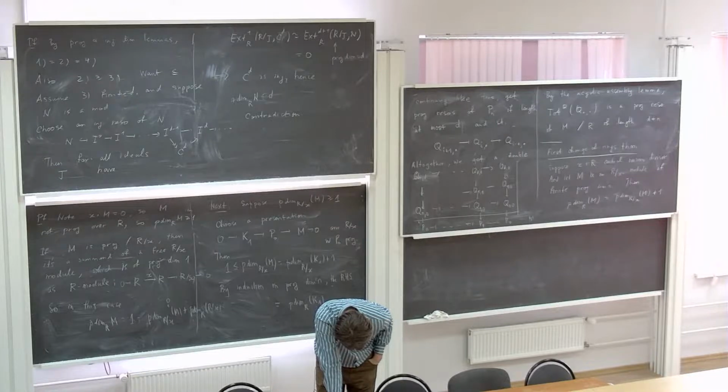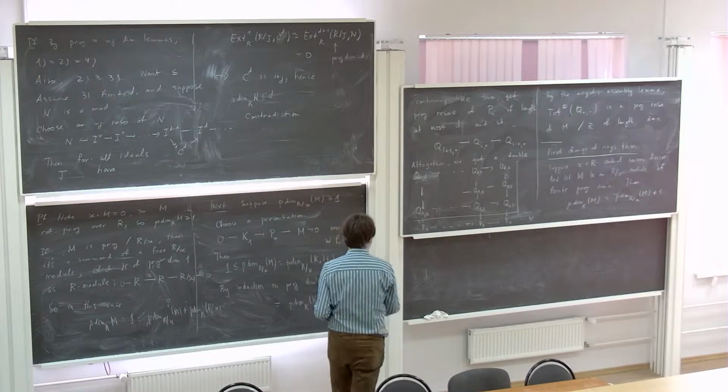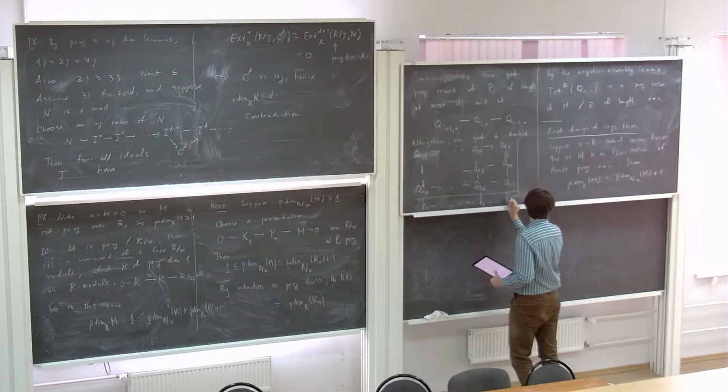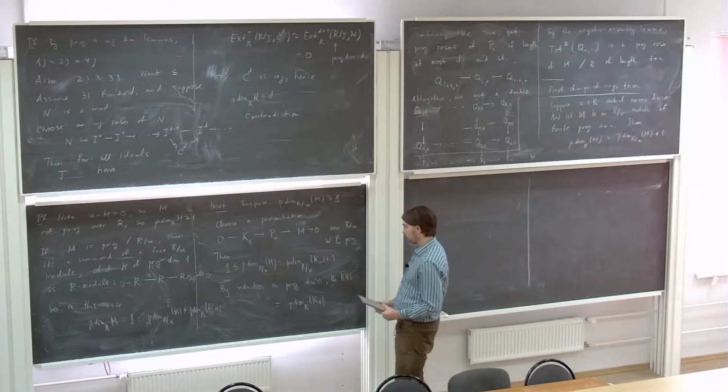And now the claim is there are two possibilities. Okay, so I want to control this.